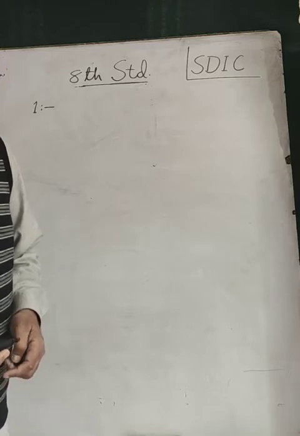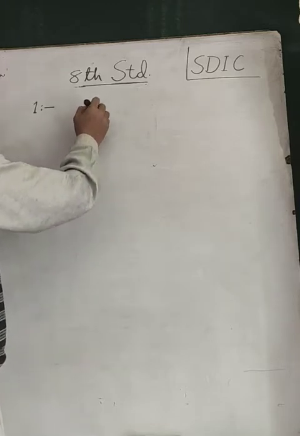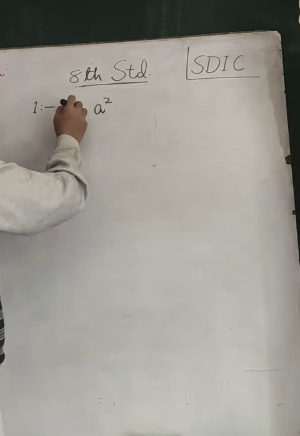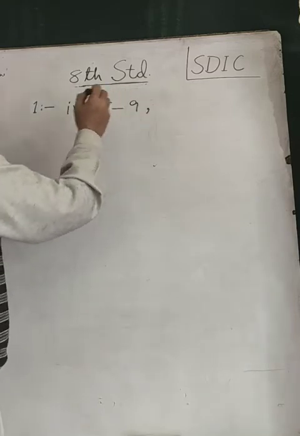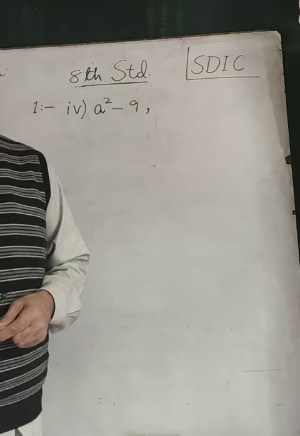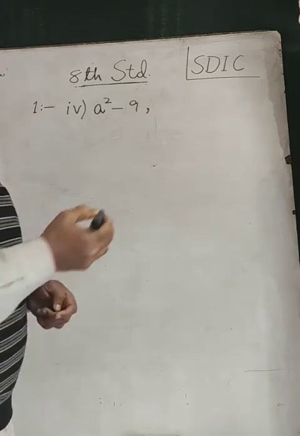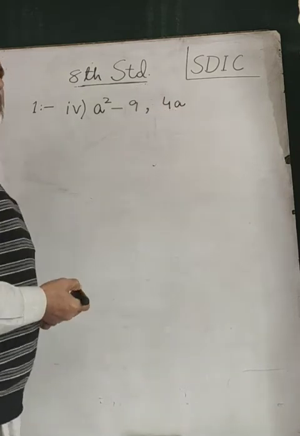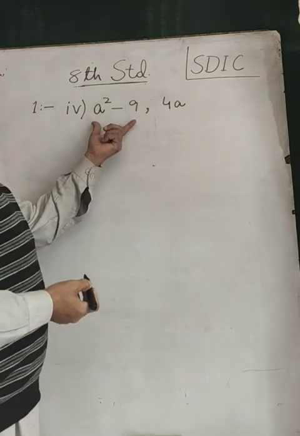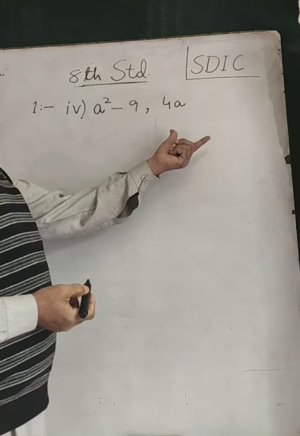We have in the fourth part, first expression a square minus 9, a binomial, followed by comma. And then second expression is 4a, a monomial. So this is again the question on multiplying a binomial by a monomial.